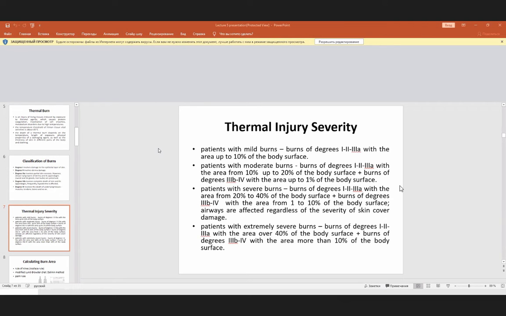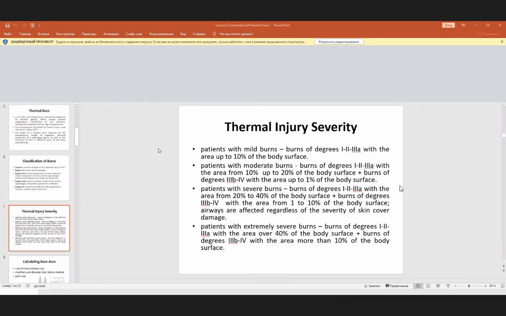Patients with moderate burns of degrees 1 to 3A, with an area from 10% up to 20% of the body surface, plus burns of degrees 3B and 4, with an area up to 1% of the body surface.